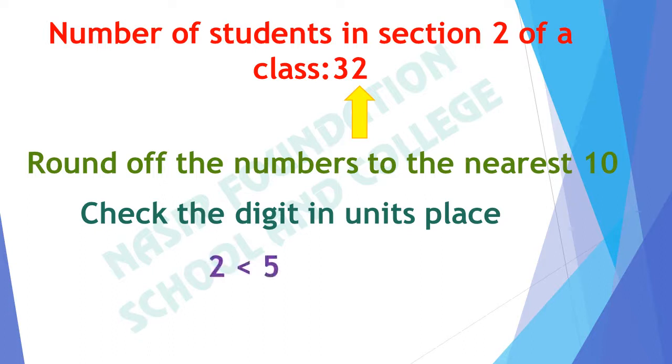It is less than 5. It means we will not change the digit that is in tens place. 3 will remain the same and all the digit on the right hand side will become 0. It means if we want to round off this number 32 to the nearest 10, it will be 30.